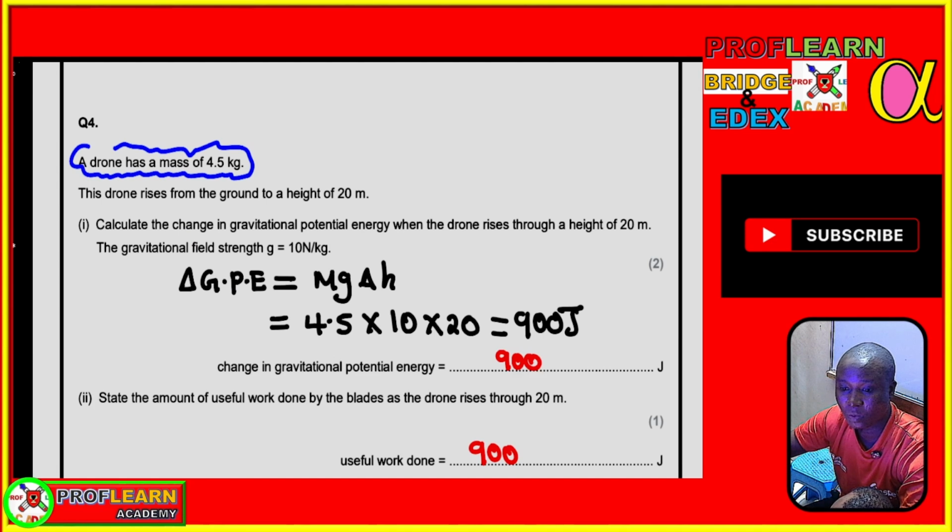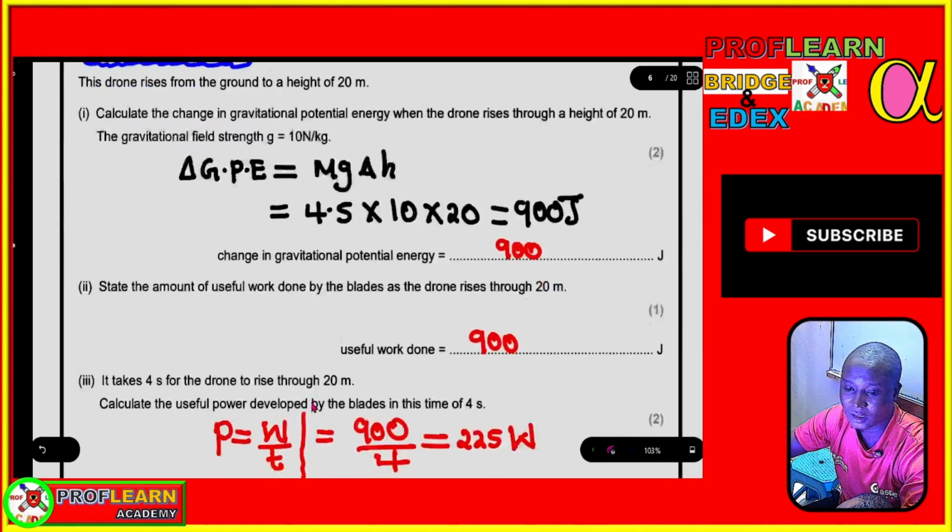Gravitational potential energy is equal to mass times gravity times the change in height. So we shall have 4.5 times 10 times 20, which translates to 900 joules of energy.